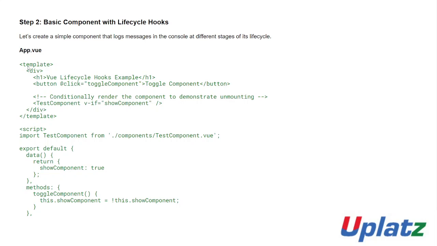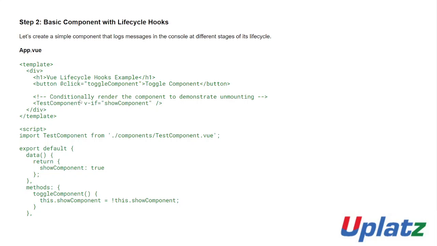In App.vue, the template has a div with an h1, Vue lifecycle hooks example. Now a button with @click equal to toggleComponent, a method. The caption of the button is Toggle Component.